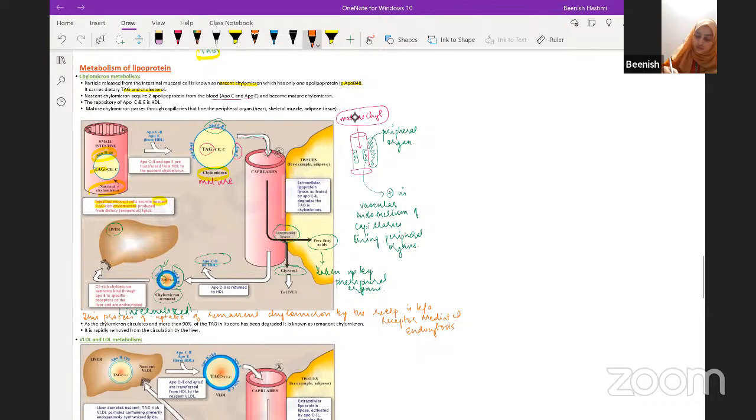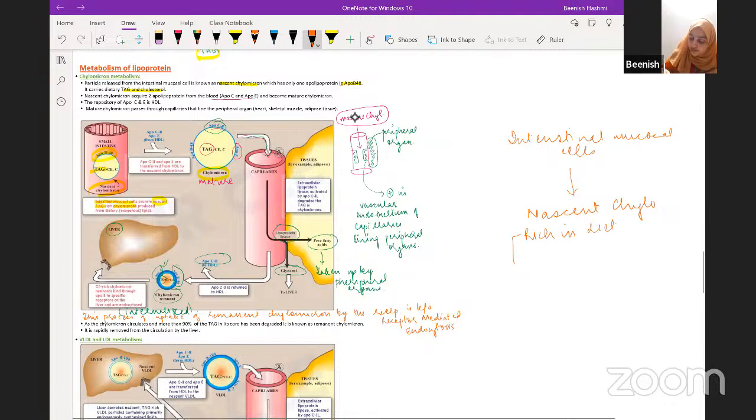So your intestinal mucosal cells, what are they going to secrete? They are going to secrete nascent chylomicron. Nascent chylomicron is rich in dietary TAG, and it only has one apolipoprotein, which is ApoB48.